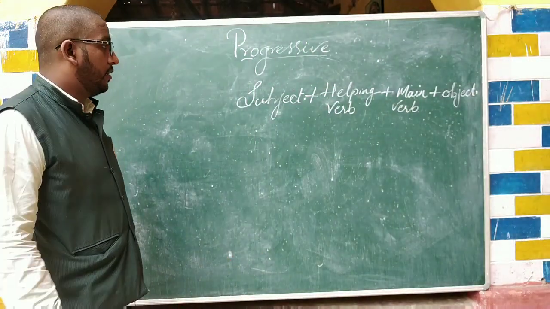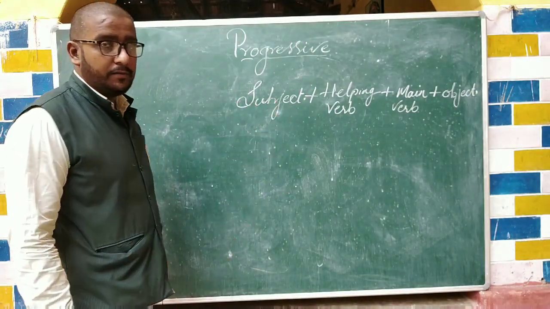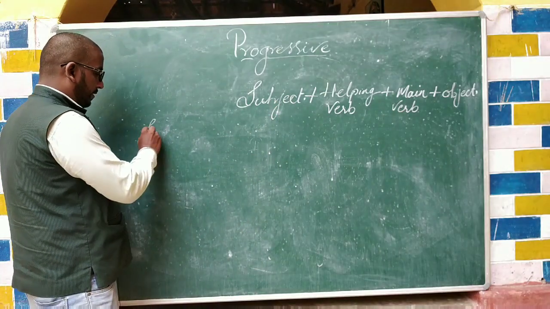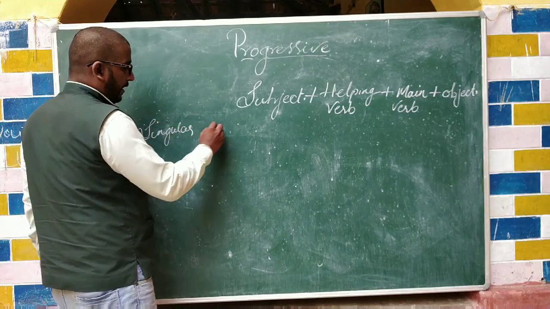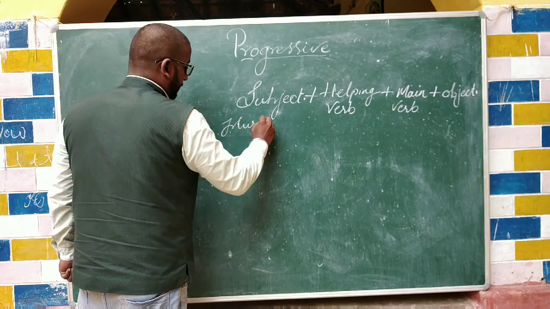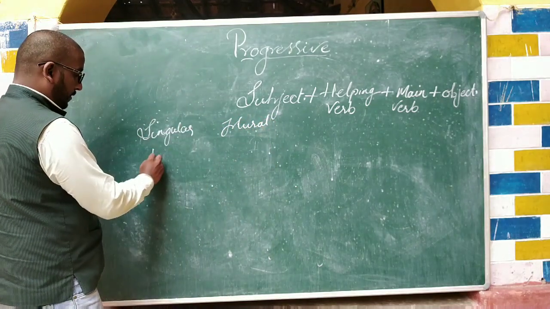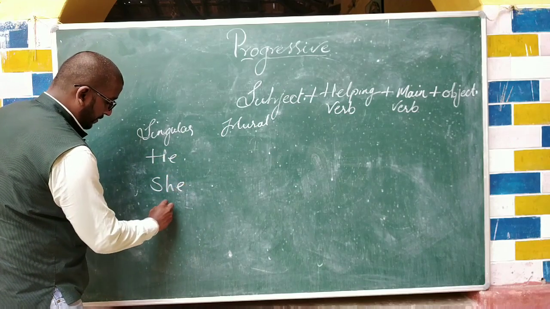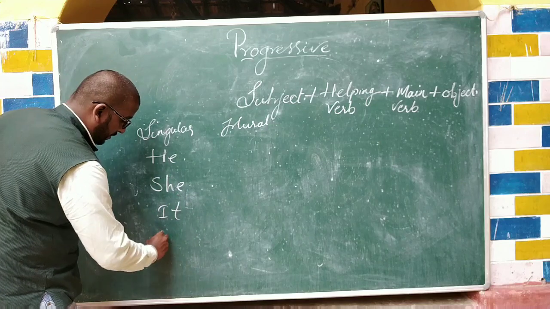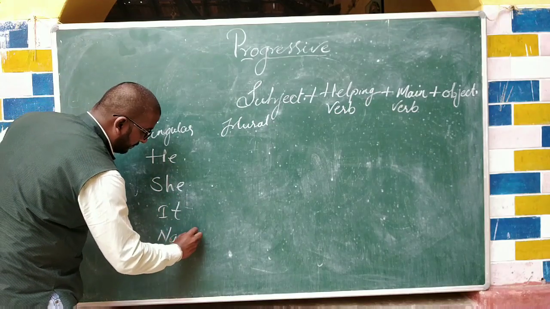Okay, so subject again we need, they are of two type. Repeat with me, it's singular and plural, and you know the singular subjects are he, she, it, and a name.